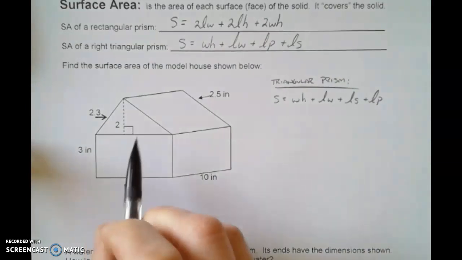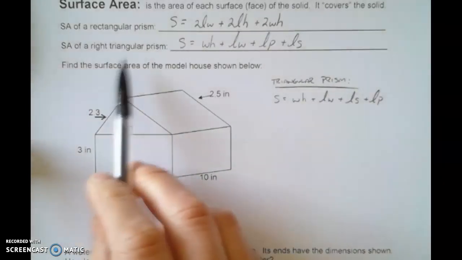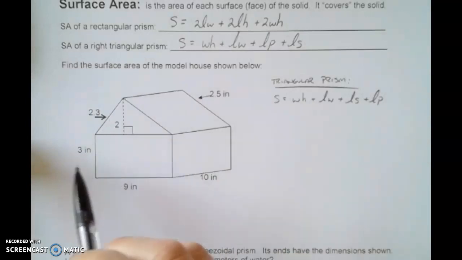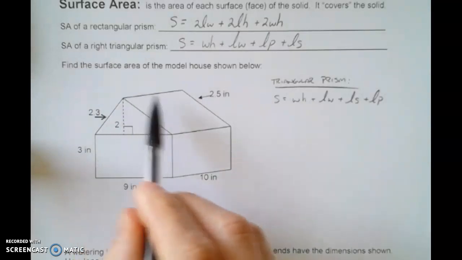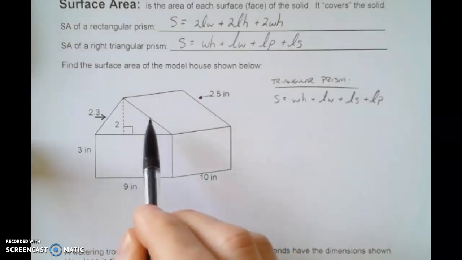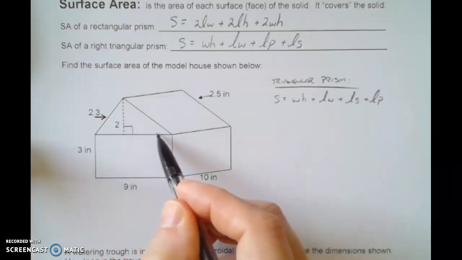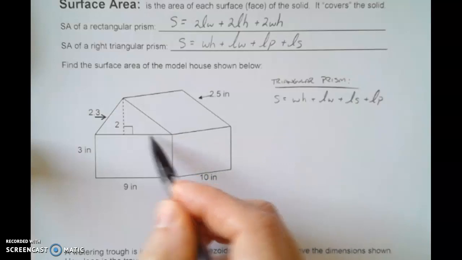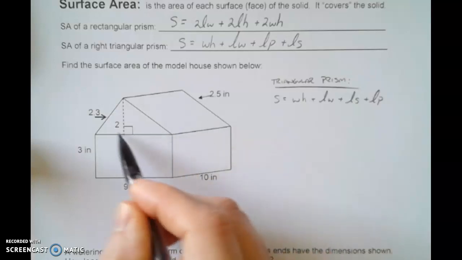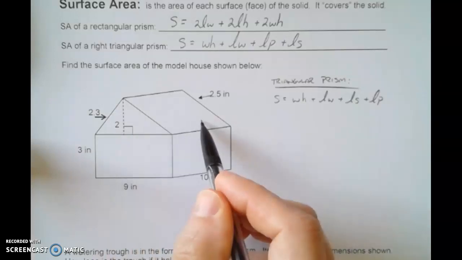Now, if we look at this model house here, remember, surface area is only the outside surfaces that we can see, and we can't see all of this triangular prism. We can't see this bottom face where the triangular prism meets with the rectangular prism. So we're going to have to take this portion out of the formula.